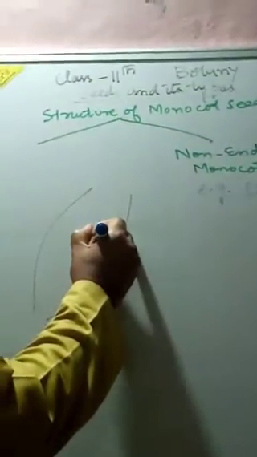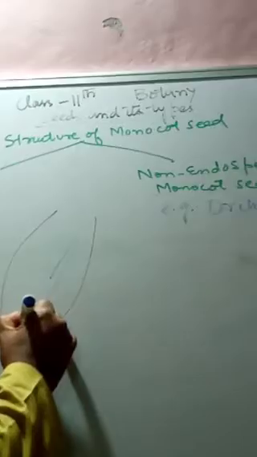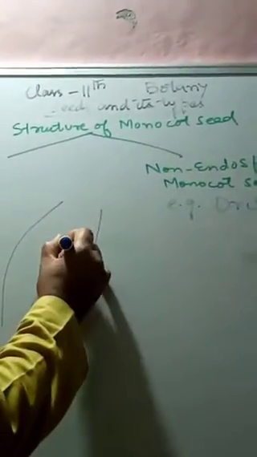If we draw the diagram, since it has no endosperm, what we will see in the center is the embryonic axis.